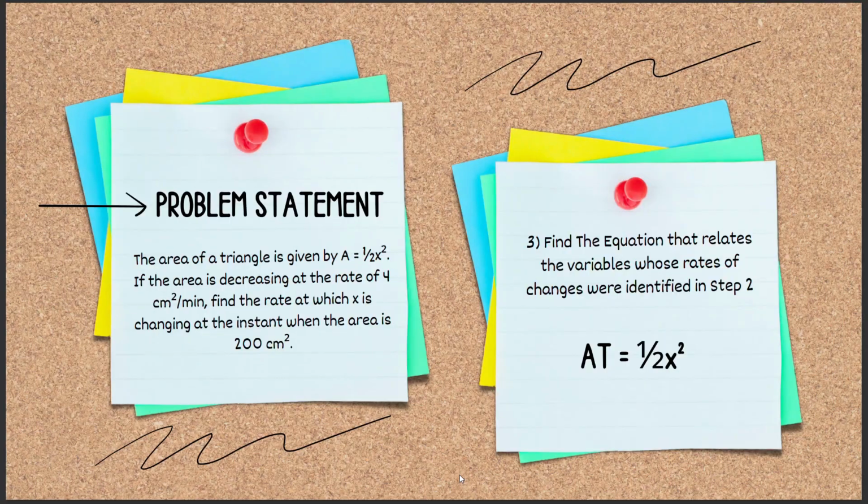So, the third one is to find the equation that relates the variables whose rates of change were identified in step 2. It is A equal to a half x squared.